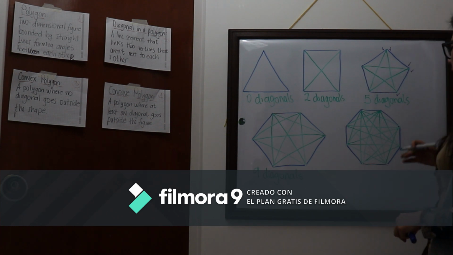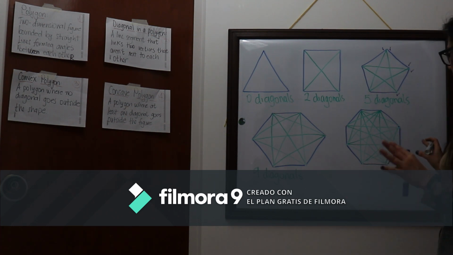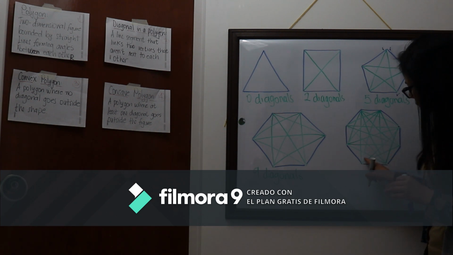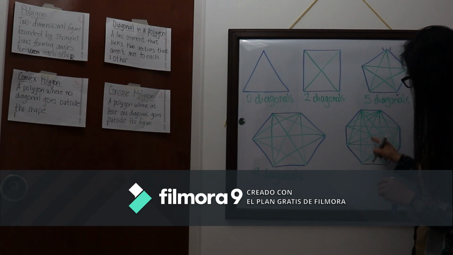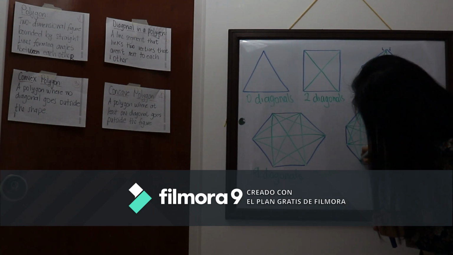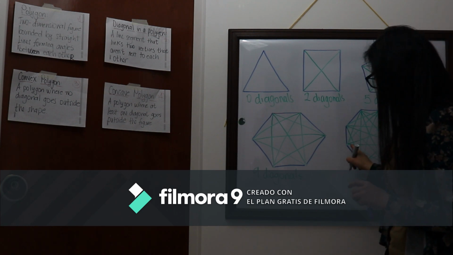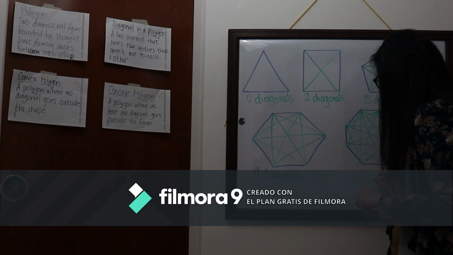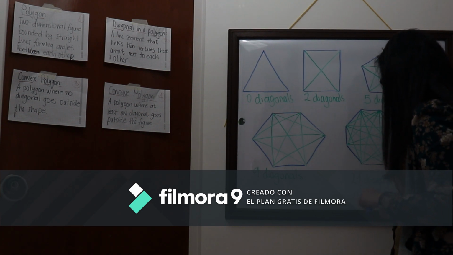Hopefully, while you're doing it at home, you're gonna be able to see it better, because I'm not sure how clear it is from here. And then I have 1, 2, 3, 4 here, so that means I only have 1 left, which is this one over here. So that would be 21 diagonals. So I have 21 diagonals.